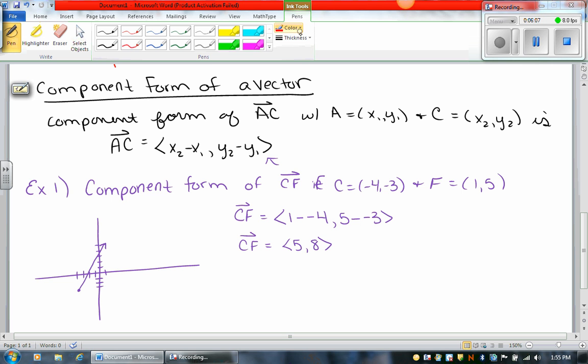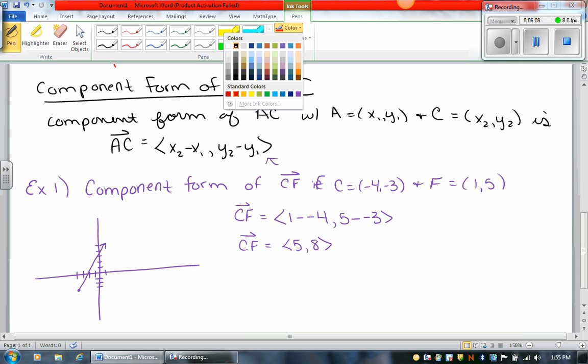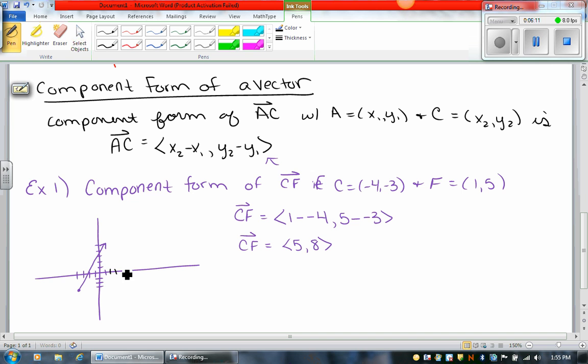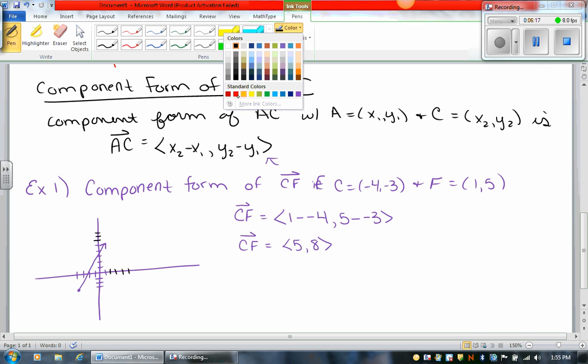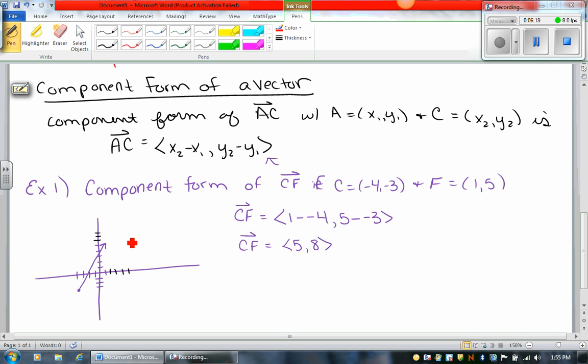You're going to go over 5, and up 8. And from the origin, you draw your vector. Okay, so this would be your vector. And there we have it.